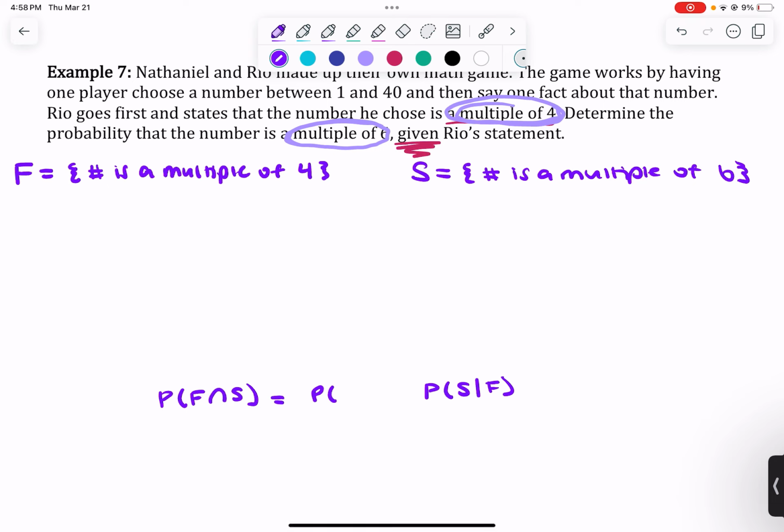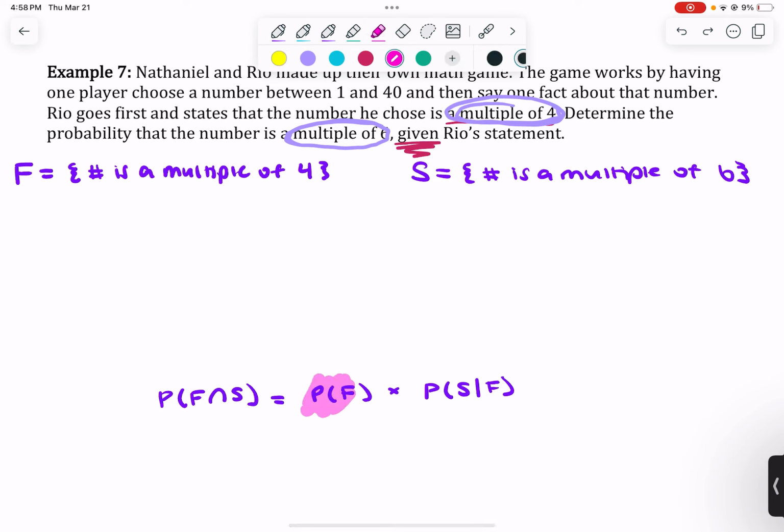And I also know the probability of it just being a multiple of 4, right? If I knew those other two pieces, I can use my algebra skills to figure out this probability, which I'm interested in.